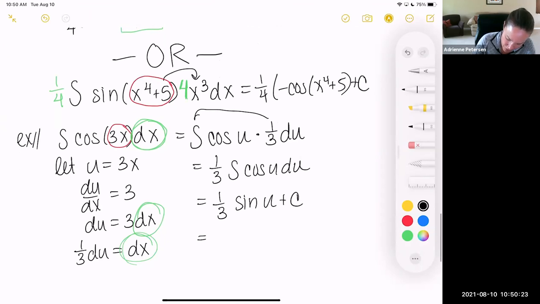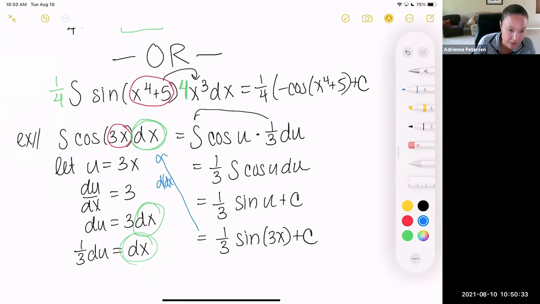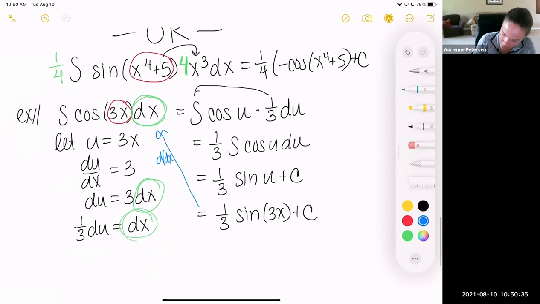Our last step is to put u back in. And then if you want to check, you can check that the derivative of our answer is the original integrand. I want to show you using the shortcut, but I need to go blow my nose, so I'll be right back.